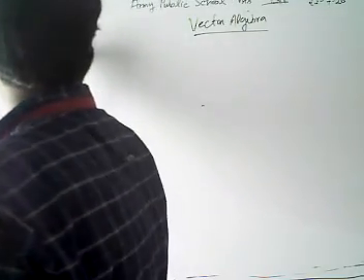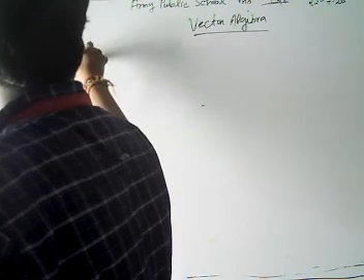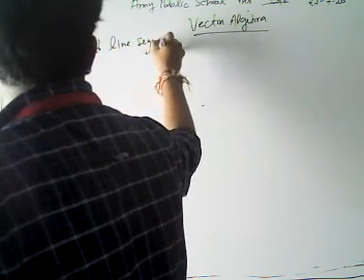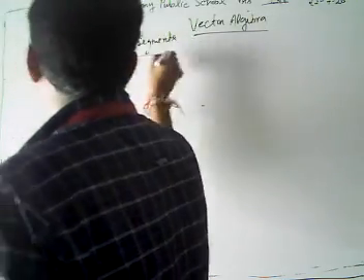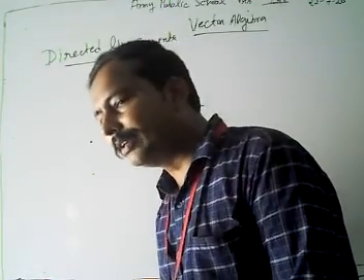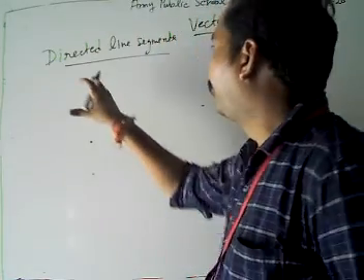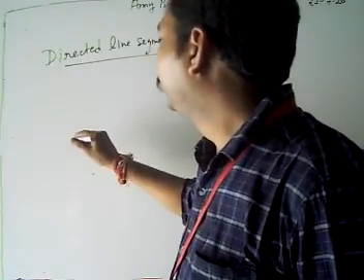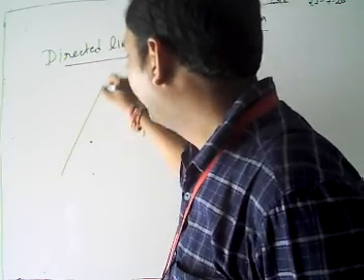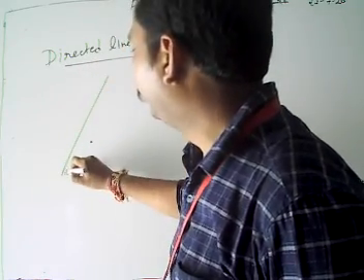You have to understand the directed line segment. What is a directed line segment? In terms of vectors, a directed line segment is a part of a line.